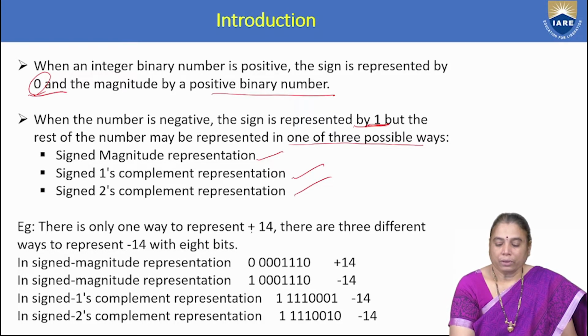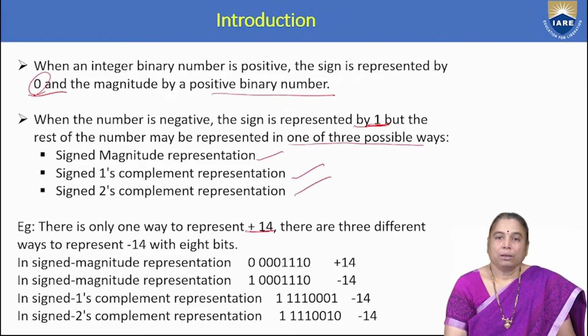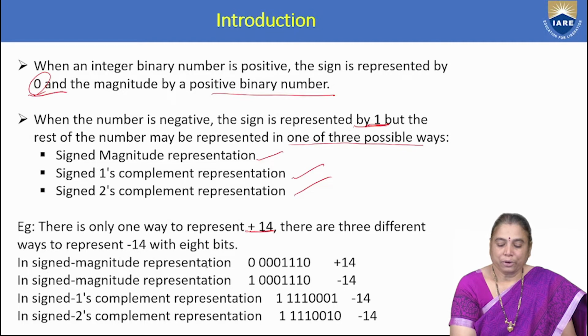If you want to represent plus 14, then in signed magnitude representation, the binary value of 14 can be represented in 8 bits like this, and this is the MSB. The MSB is used to represent the sign of the number.